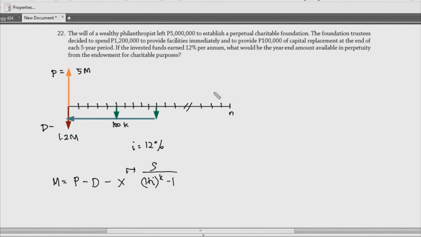in perpetuity. So, with this, your value of M would be equal to P, which is 5 million. So, 5 times 10 to the 6 minus 1.2 times 10 to the 6, and then minus, that is 100,000 divided by 1 plus 0.12 raised to, so your K is 5 and then minus 1.